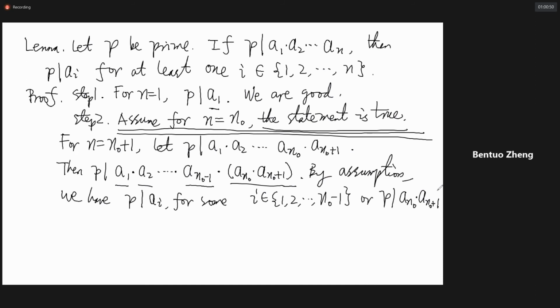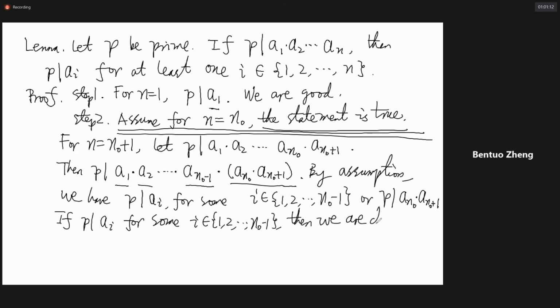Okay, so if P divides Ai for some i belonging to 1, 2, up to n0 minus 1, then we are done, because this already fits our statement.